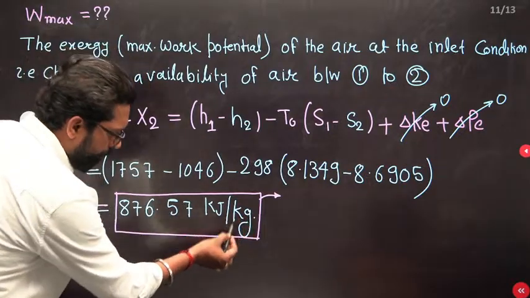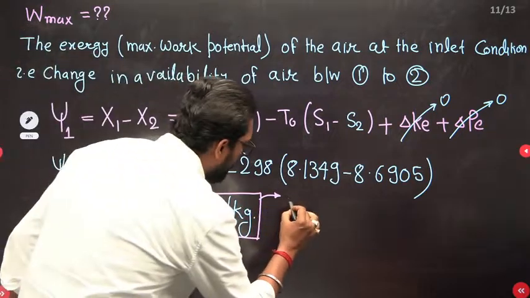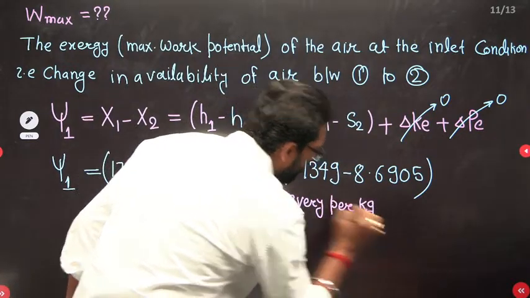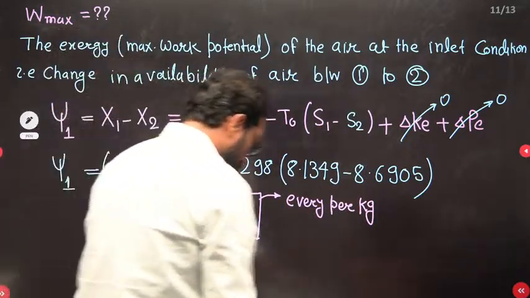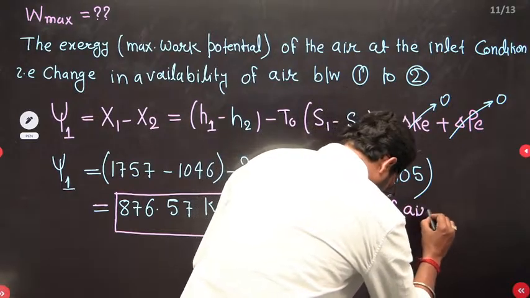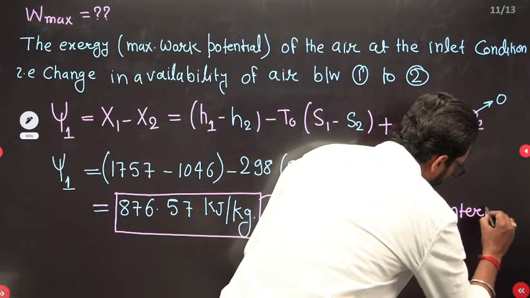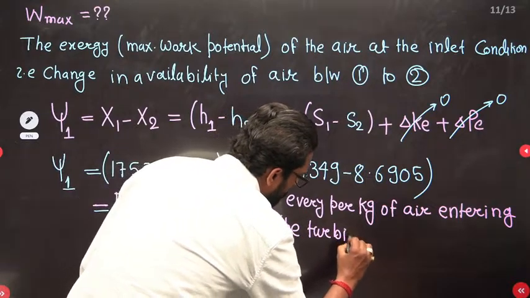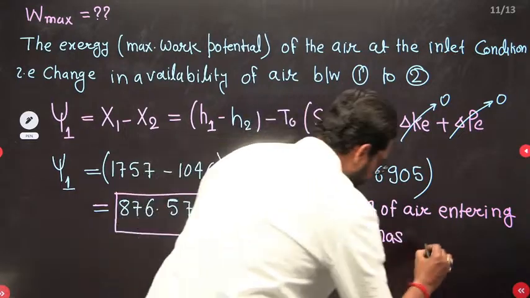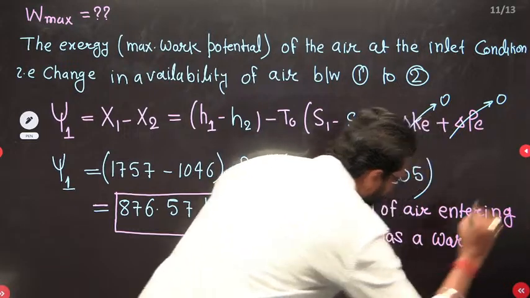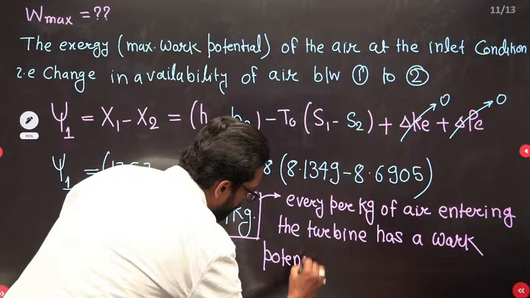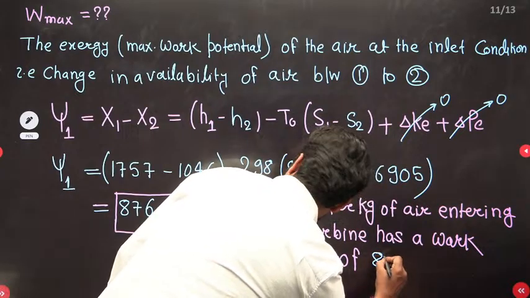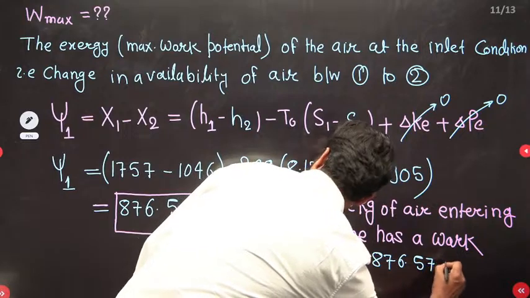Per kg, that means for 1 kg of air entering the turbine has a work potential of 876.57 kilojoule.